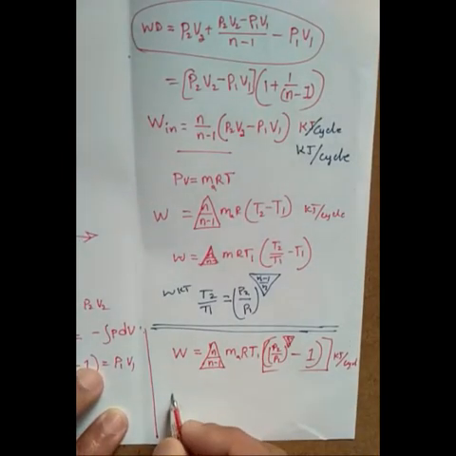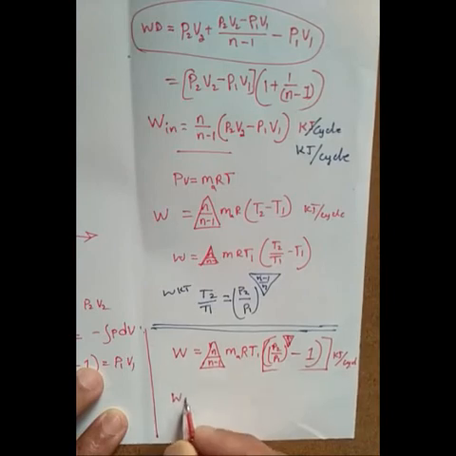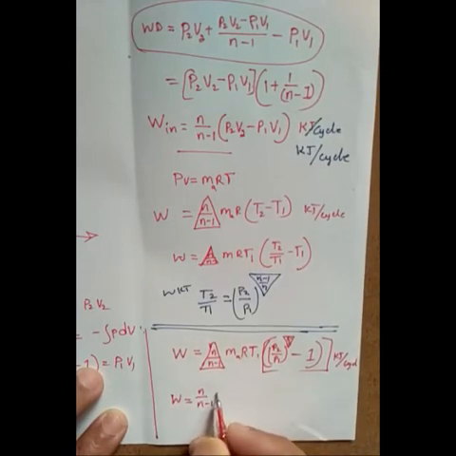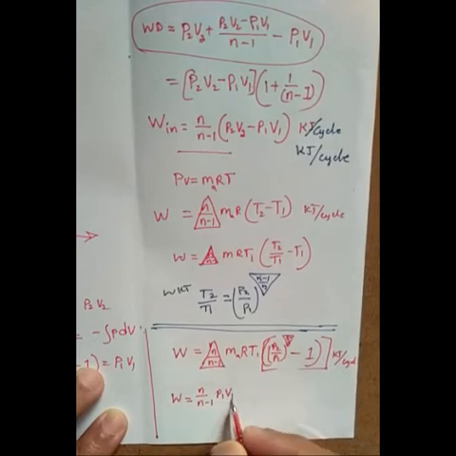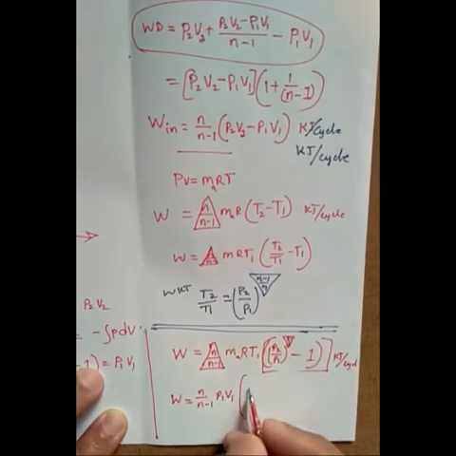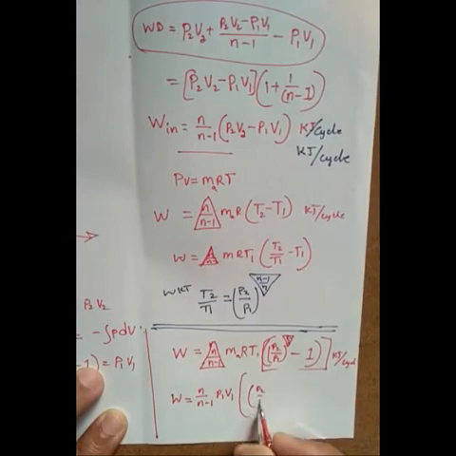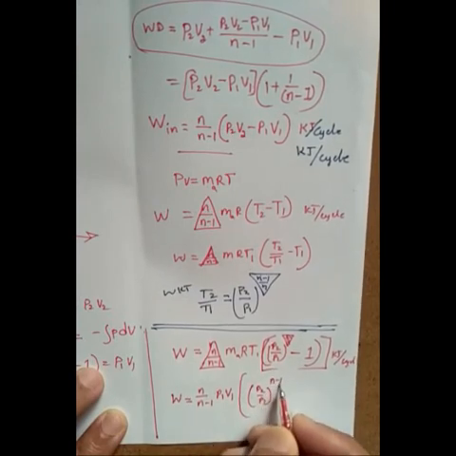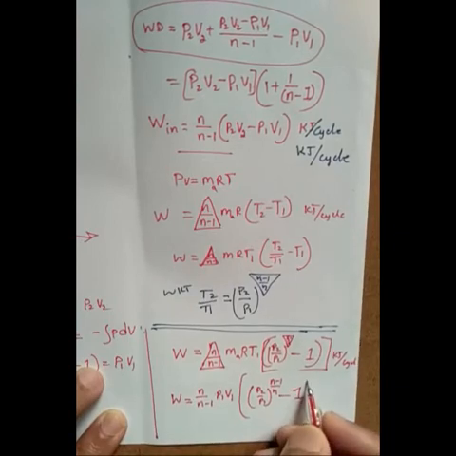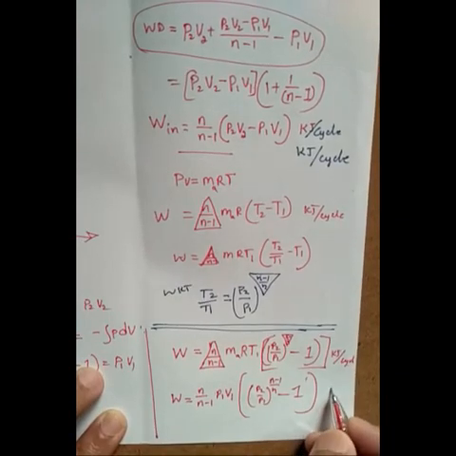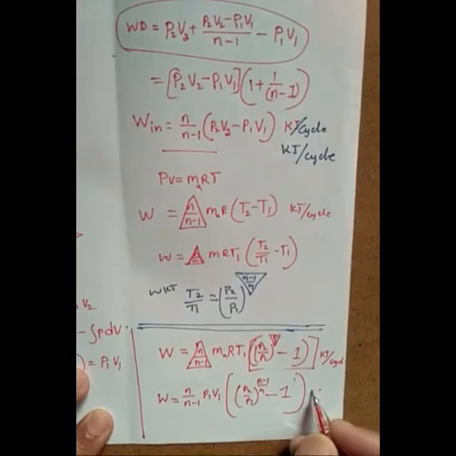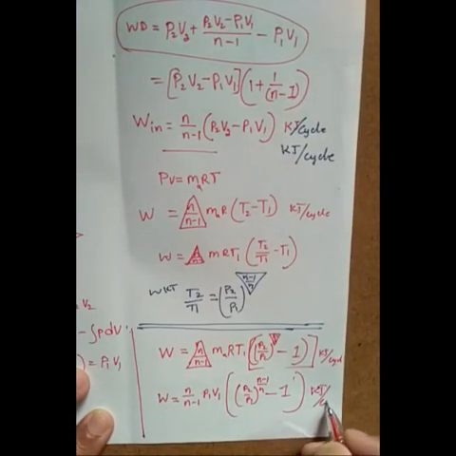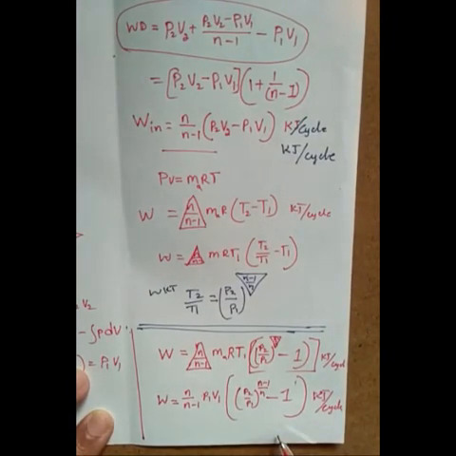And similarly, another equation can be W is equal to n by n minus 1 P1 V1 times P2 by P1 power n minus 1 by n minus 1, kilojoule per cycle.